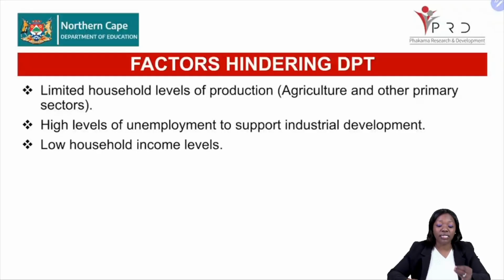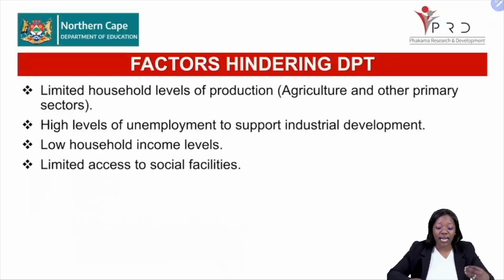Then we're looking at the low household income levels. Remember, if there is a high unemployment level, it means even the income in the household is less. So therefore, the lesser the income, the lesser the buying power. Then we're looking at the limited access to the social facilities.